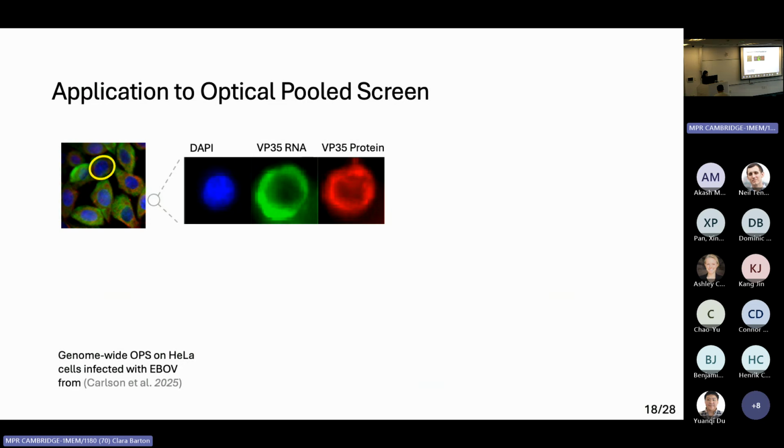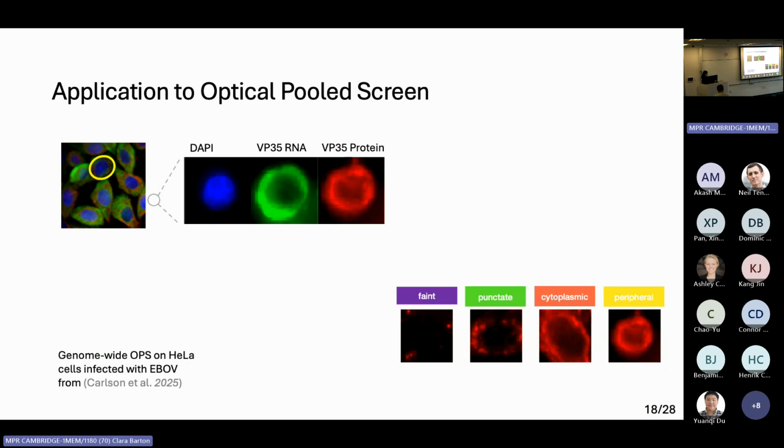What they also provided is, for each individual single cell, a classification of which infection stage the cell is in, including faint, punctate, cytoplasmic, and peripheral. We're interested in this classification of infection stages, which explains why we do the following to extract the image features.